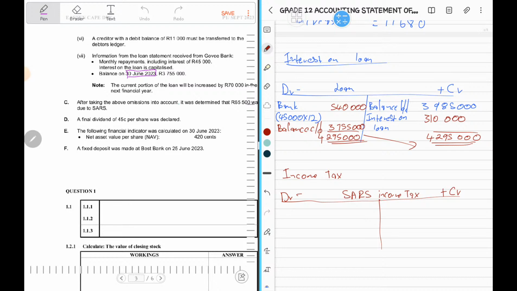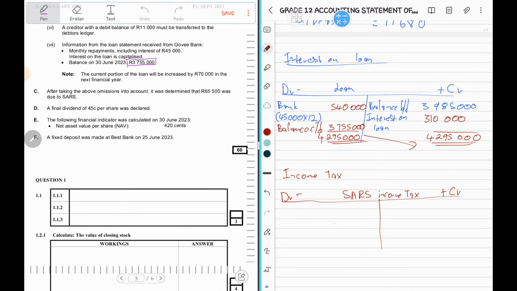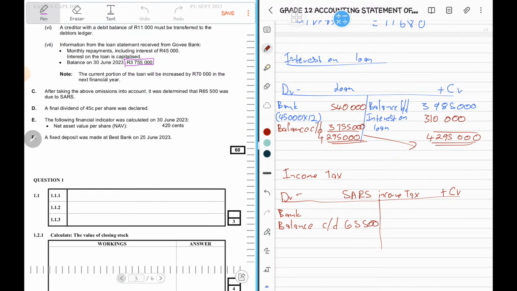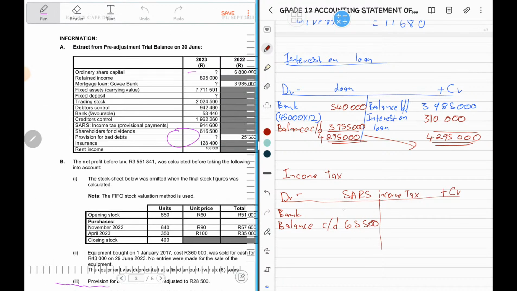So here we are not given the balance brought down, but we are being told that there are provisional payments, and we also have the balance that is due to SARS, meaning that it will have closed on the debit side. It's 65,500. Then the provisional payment, it was how much? Provisional payment, it's 914,600. So here will be our income tax, which will be our balancing figure.